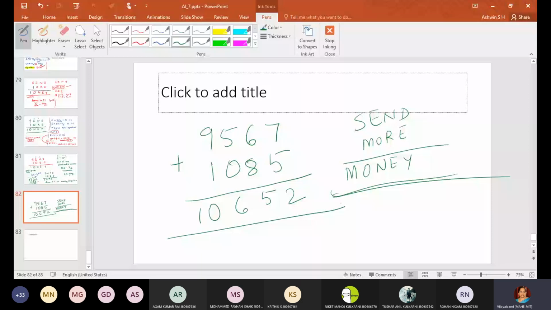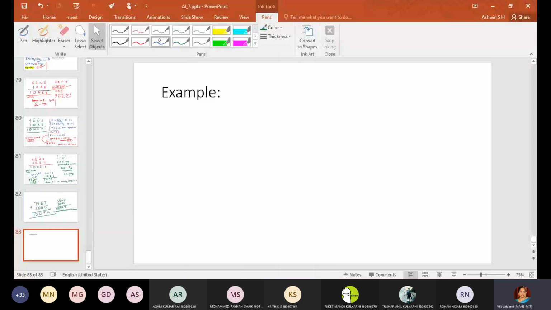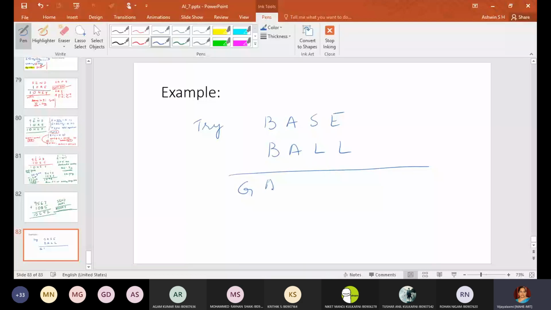So I'll give you one homework. All of you can try. I have one more minute. We will discuss the answer in our next class. Please try this. BASE plus BALL is equal to GAMES.